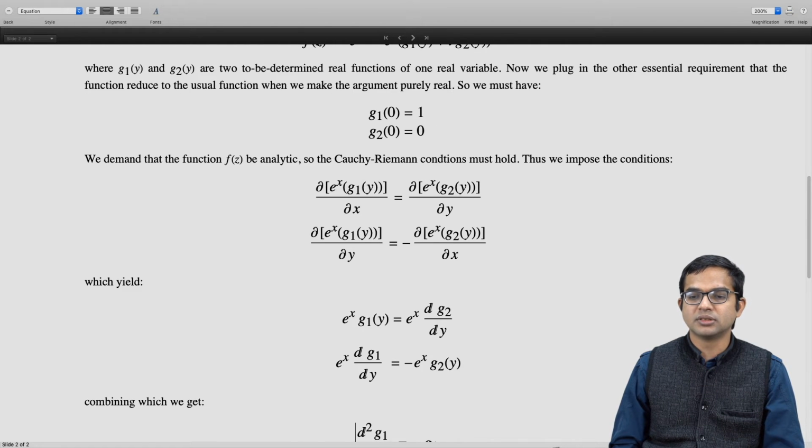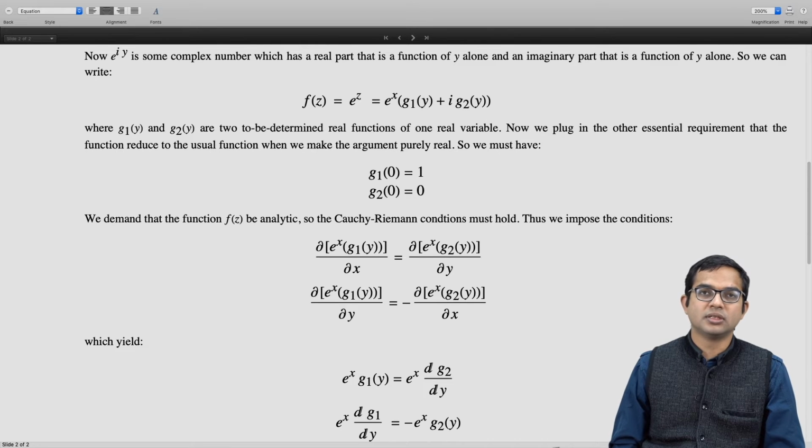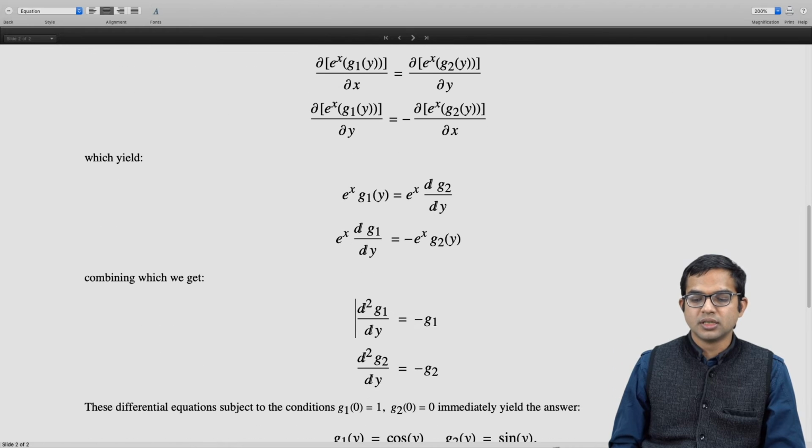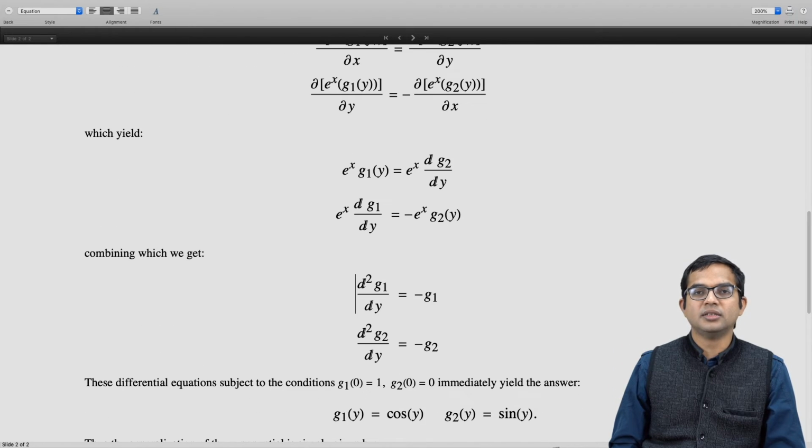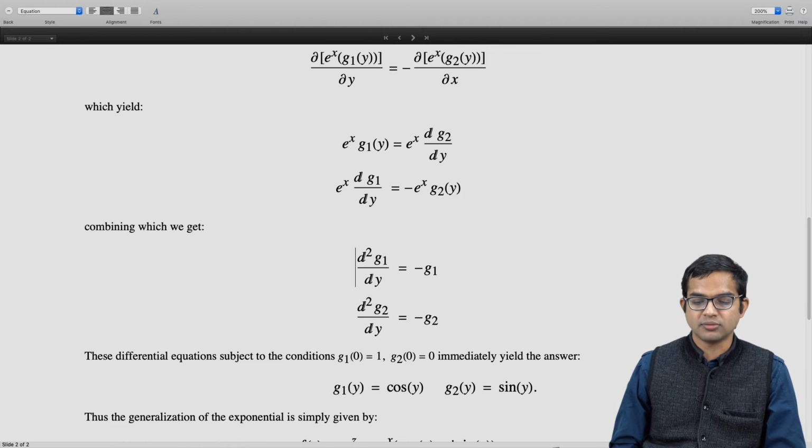That comes from the requirement that the generalization reduces to just the exponential of x when we put y equal to 0. If we do this, we can write down immediately that g1 of y must be equal to cos y and g2 of y is equal to sin y.